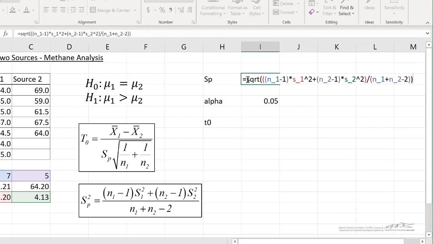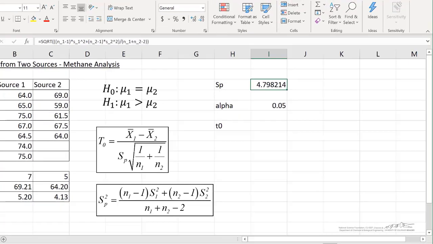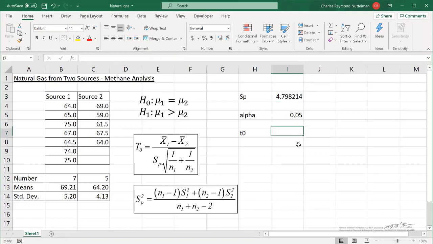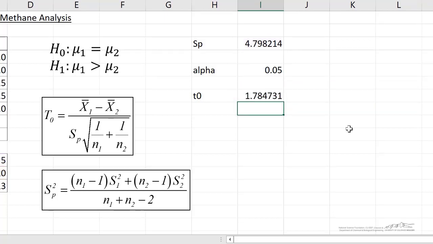So I've typed that formula in, verify that that's correct, and then press enter. So we're getting a pooled standard deviation of about 4.8. I'm going to go ahead and name this Sp. And now we can calculate our test statistic. X bar 1 minus X bar 2 over Sp times square root of 1 over N1 plus 1 over N2. Our test statistic is 1.78.